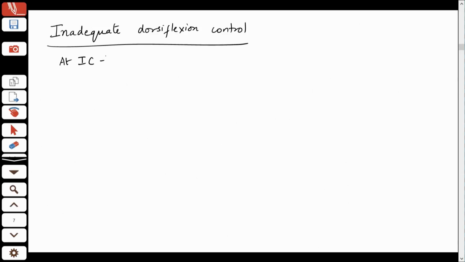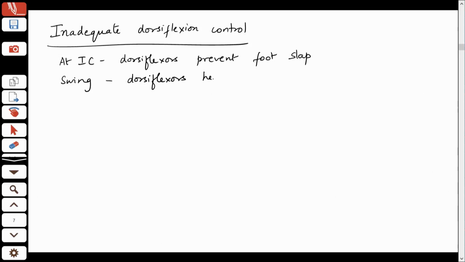Again, when are the dorsiflexors active? At initial contact, what do they do? At initial contact, dorsiflexors prevent foot slap, right? So, they act eccentrically for controlled plantar flexion of the foot.